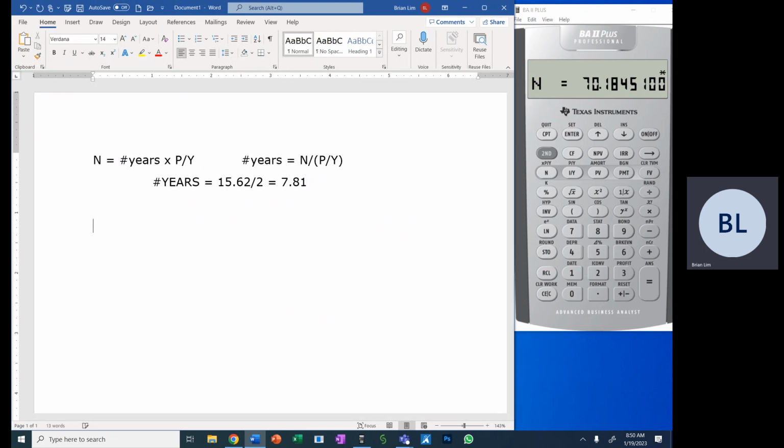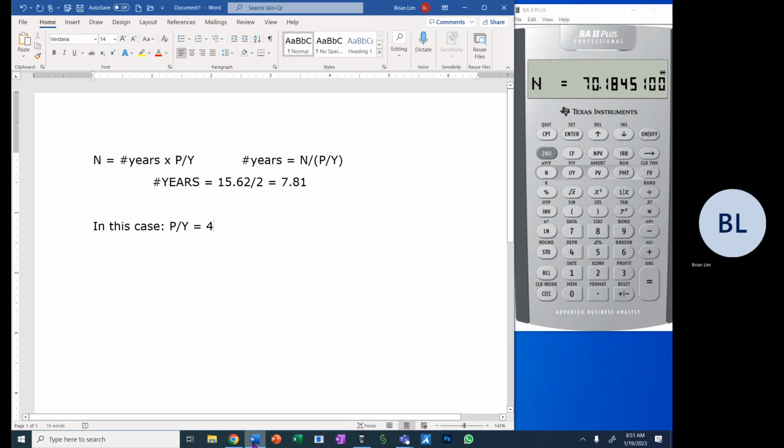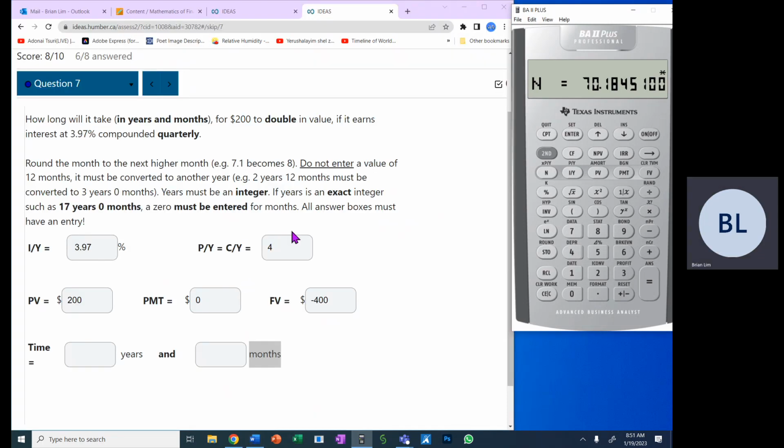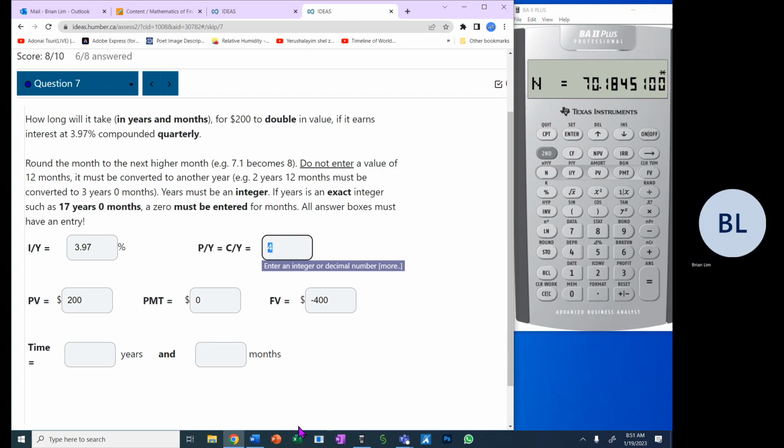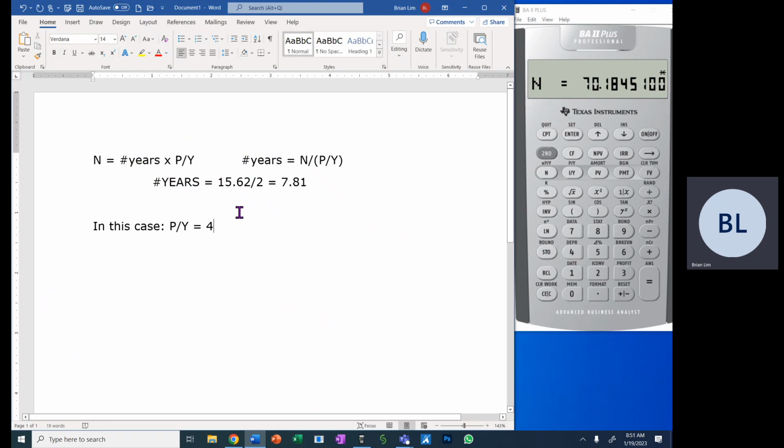So in this case, we have that PY is equal to 4, correct? If we go back to the previous one, there we go, PY is equal to 4.